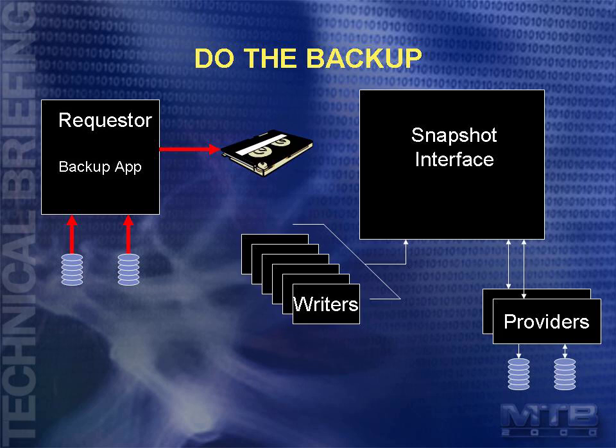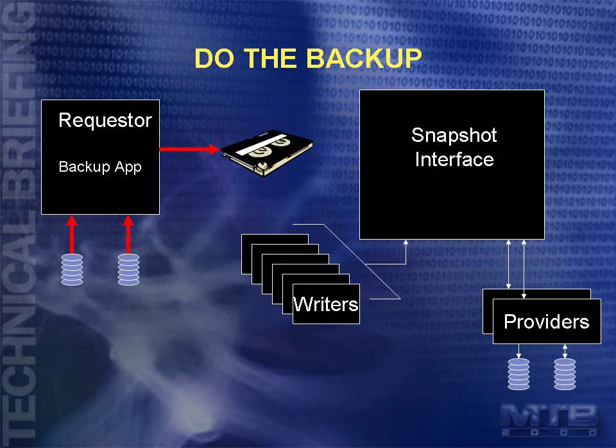Then the requester, the backup application, has all day long with its own private set of disks to go ahead and do its backup. We know because the writers stopped all activity that the backup will be consistent. We've converted everything, we've leveled everything to flat files. If you had a SQL database, the writer would say, okay, we're good, we're done.